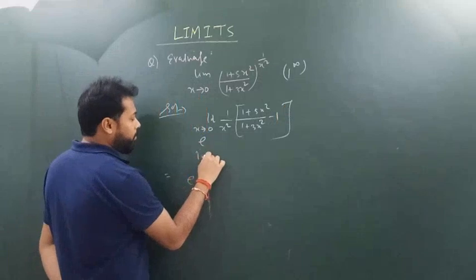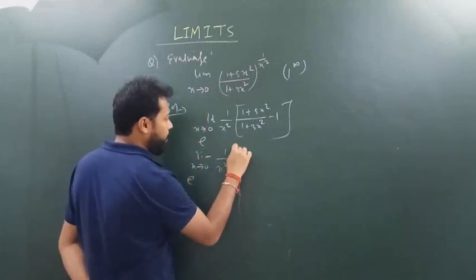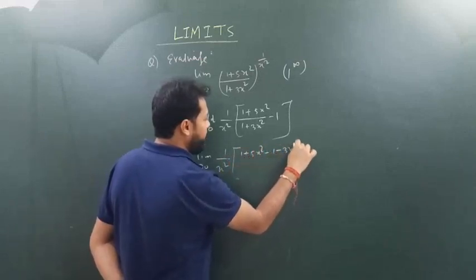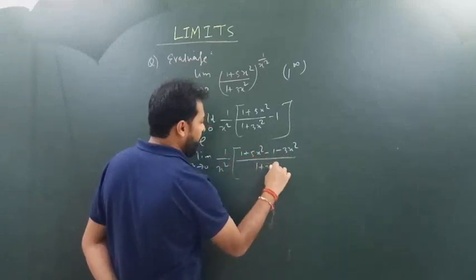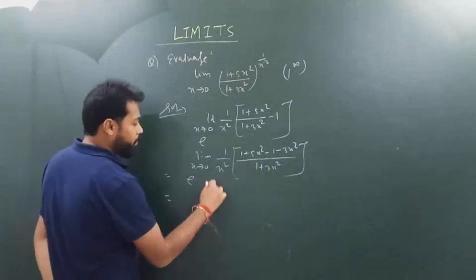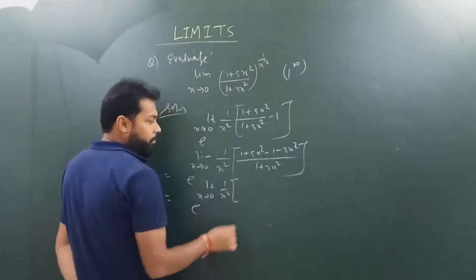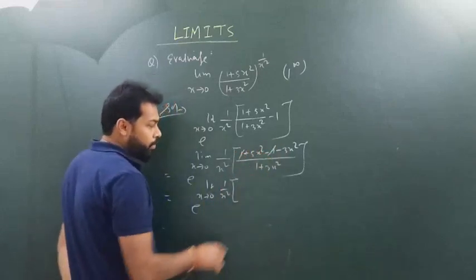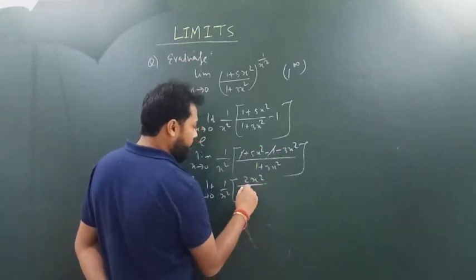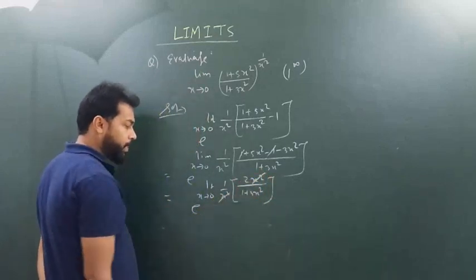So we get limit x tends to 0, (1/x²) times (1 + 5x² - 1 - 3x²)/(1 + 3x²). The 1 and minus 1 will get cancelled out, so this becomes 2x²/(1 + 3x²), and x² will get cancelled out.